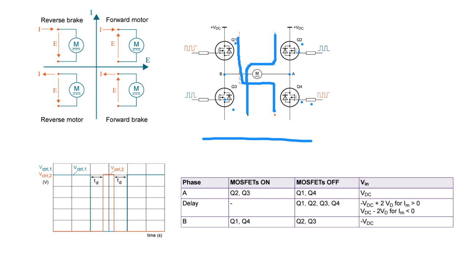The average value of your DC voltage depends on your duty cycle. What is the duty cycle? You can see here, green is on. You can remember this from power electronics: on, here off. On, here off.